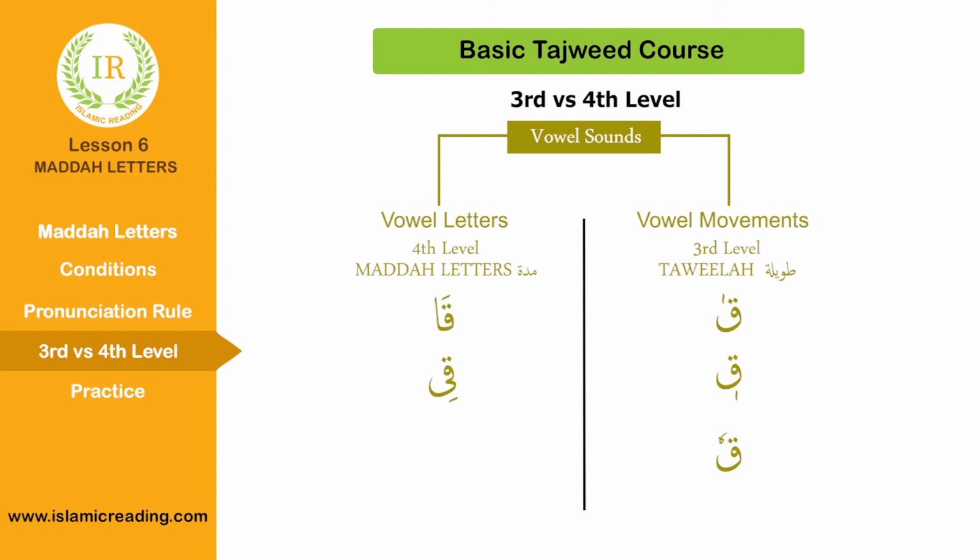If this letter is not there, then the movement will be simply short, a basic sound of the movement. So the difference between third and the fourth level is that the third level is because of a movement and the fourth level is because of a letter. Though they are pronounced exactly same, but remember, in the writing, the one is because of the movement and the other is because of a letter.